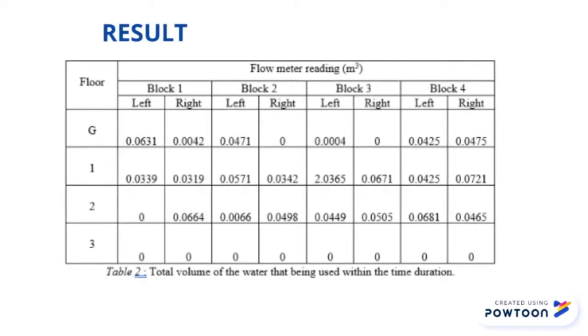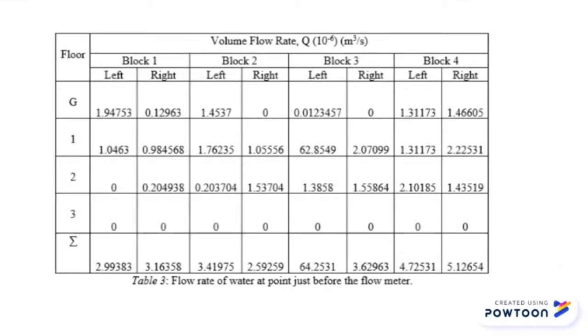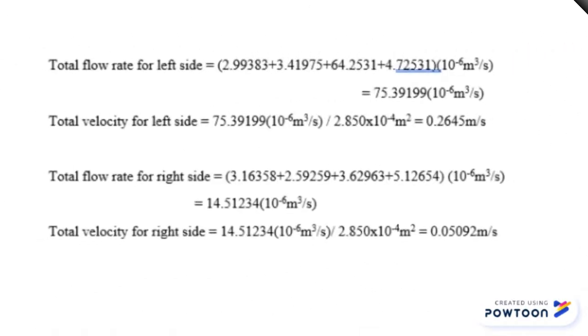In the result, Table 2 shows the total volume of the water that was used within the time duration. Table 3 shows the flow rate of the water at the point just before the flow meter. The total flow rate for the left side is 75.39 times 10 to the power of -6 cubic meter per second.